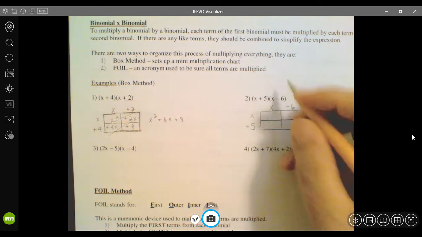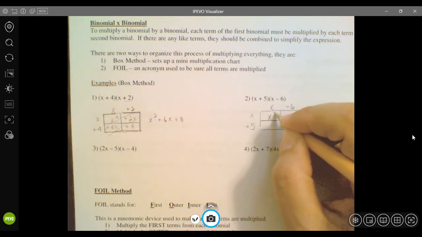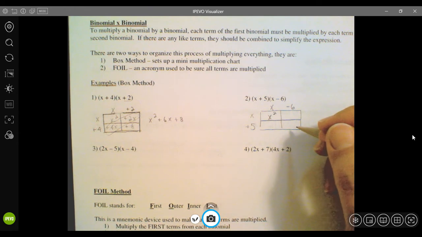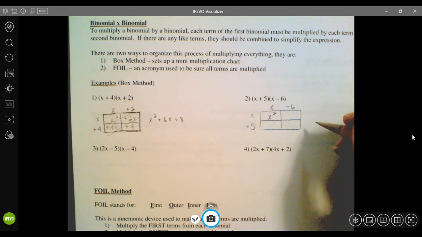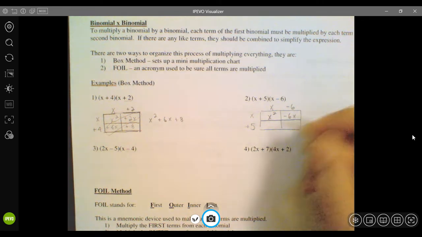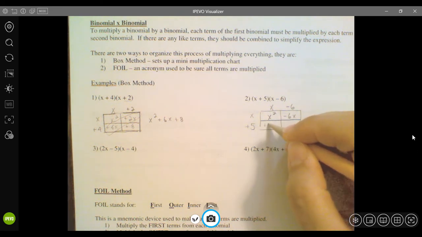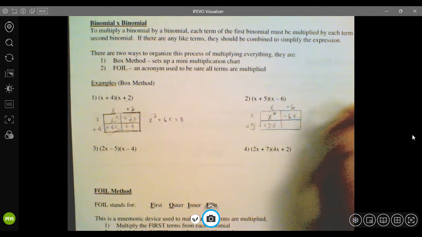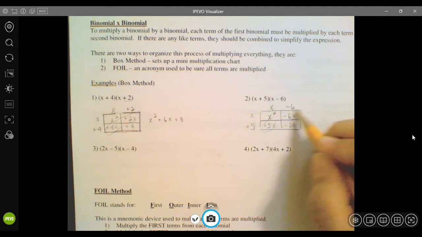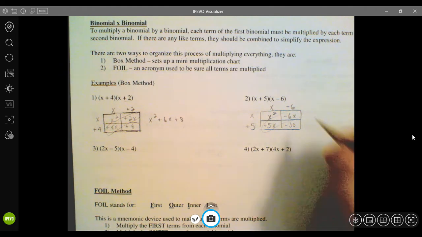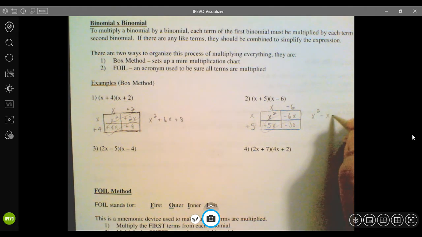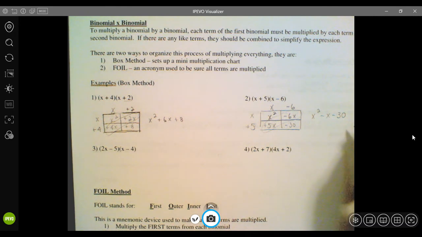And when I multiply here, we have x squared. Oh, that's not the real definition, but that's one way maybe to remember it. X times negative 6 is negative 6x. 5 times x is 5x. 5 times negative 6 is negative 30. Again, I've got my like terms. And I find that this is x squared minus x minus 30.